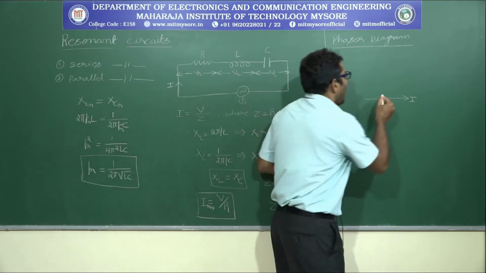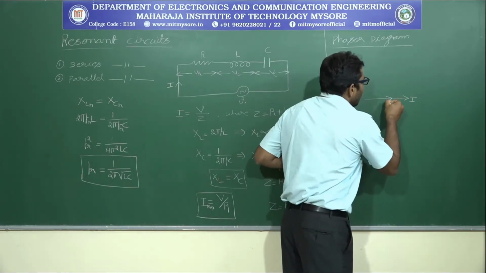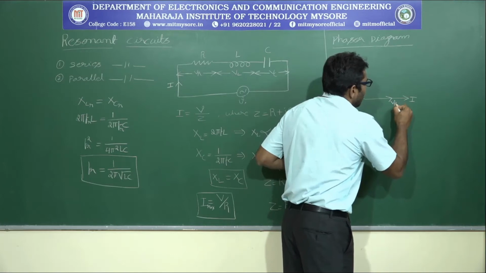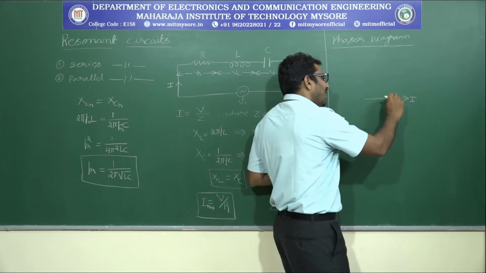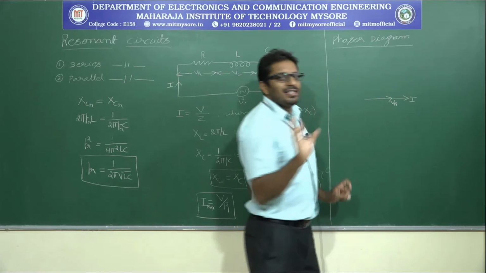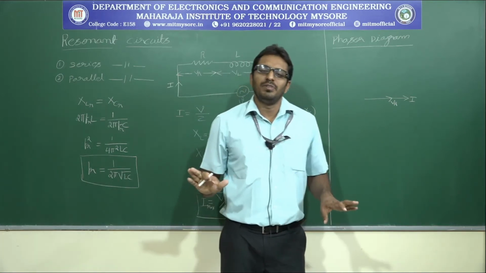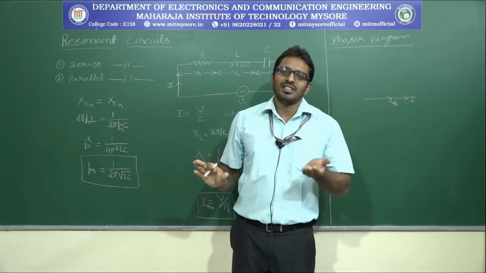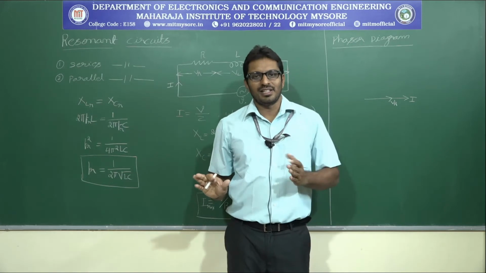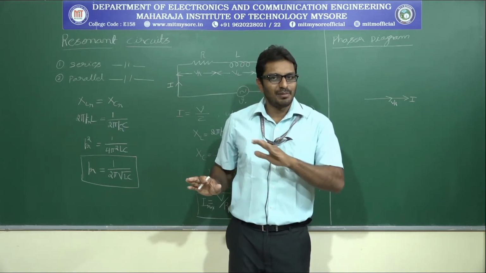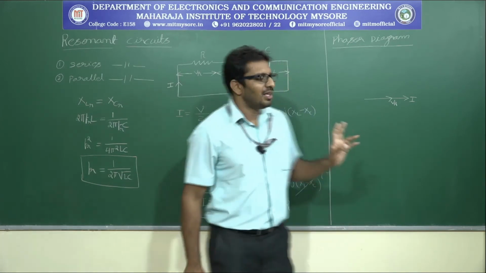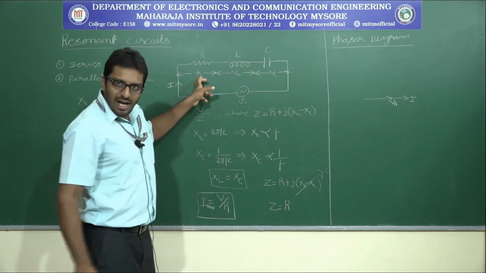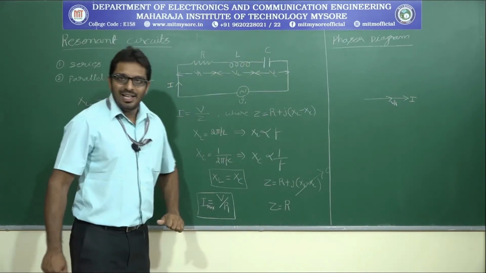That's why they are in phase. Means the angle between VR and I is 0. There is no phase difference between voltage across resistor and current through the resistor, because the total current is nothing but current through the resistor.